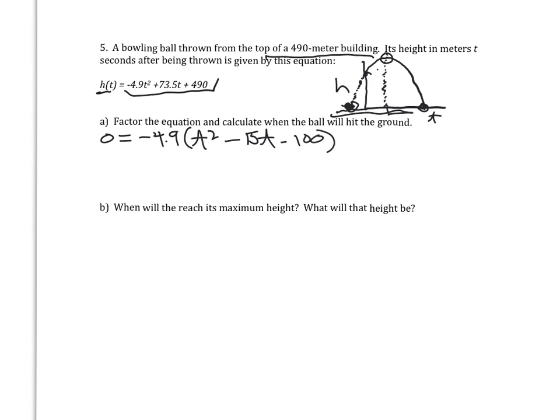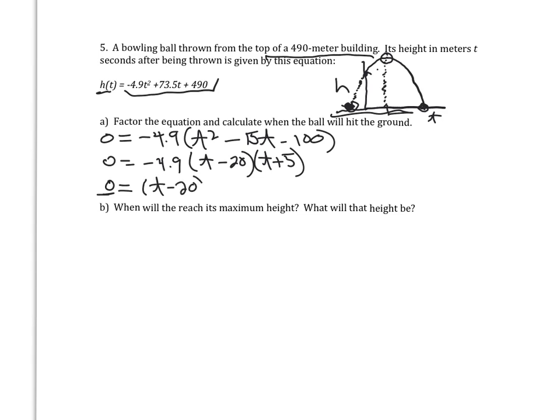Okay, so that's going to give us that when we factor 0 equals negative 4.9 times t minus 20 times t plus 5, because we needed two numbers that added to negative 15 and multiplied to negative 100, and that gave us negative 20 and positive 5. We still have the negative 4.9 here, but we could in fact just divide through by negative 4.9 because the left side is 0, so dividing by negative 4.9 isn't going to change the left side, and we end up with this.